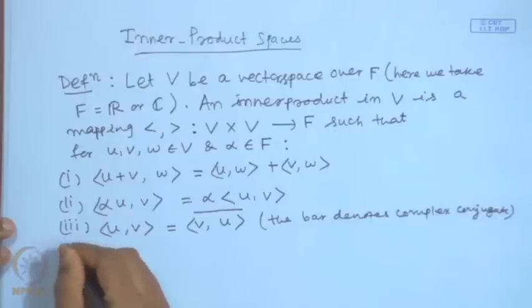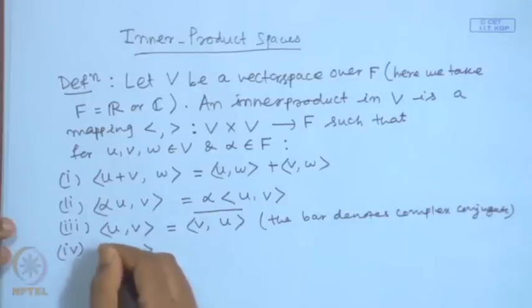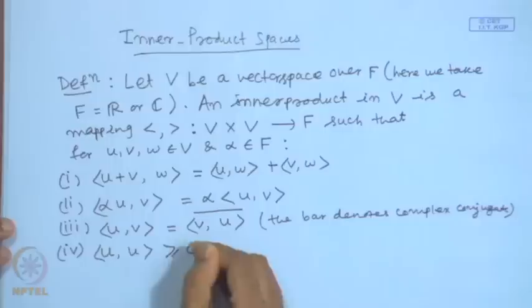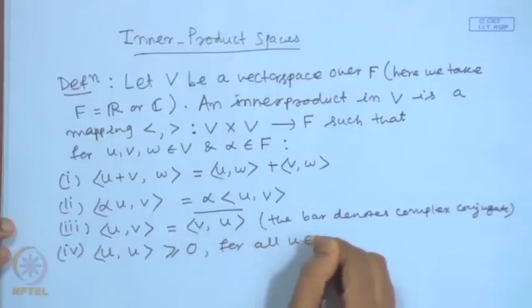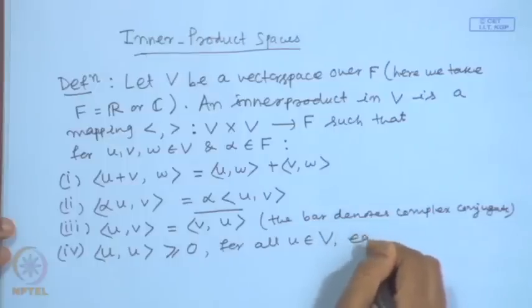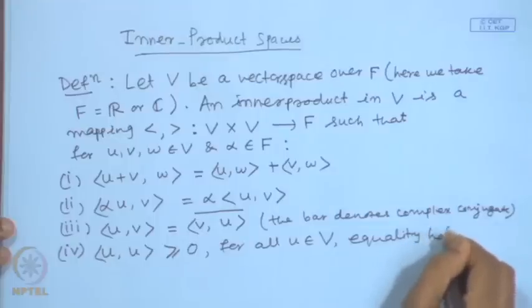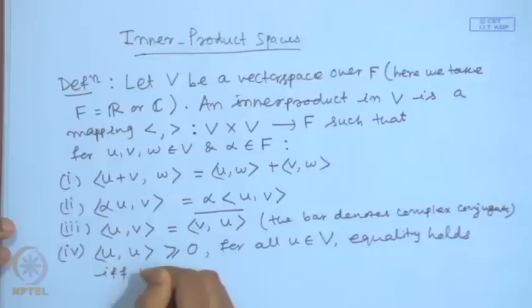The fourth axiom is that for any vector u in V, the inner product of u with itself is greater than or equal to 0 for all u belonging to this vector space. Equality holds if and only if u is equal to the 0 vector.